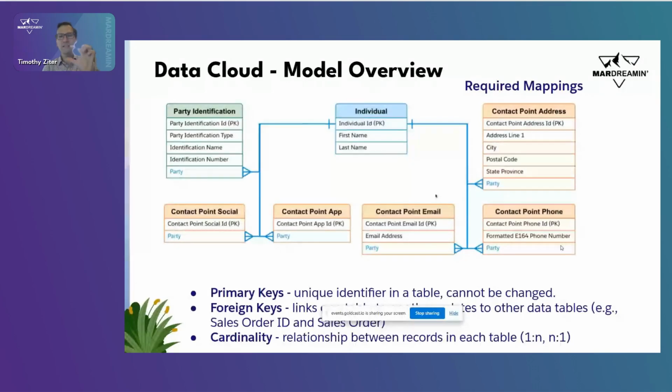First of all, we need that individual object at the top. We're also going to want to make that connection to the contact point email and the contact point phone. And then the party identification will be helpful as well. So it's good to note that within Data Cloud, when you're doing unification, it's not just a single object, it's a couple of objects that you need to align your data. You'll see that in play today, but I wanted to call that out.